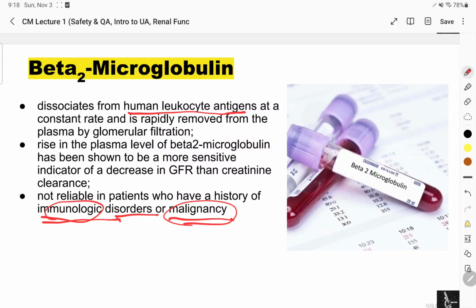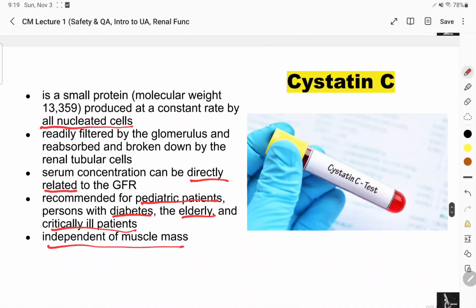Okay? Also, there are recent studies showing that if we measure both serum and plasma cystatin C and creatinine, it can provide more accurate information on a patient's GFR. That is for cystatin C. So, cystatin C, as we said, is nice because the serum concentration can be directly related to GFR.